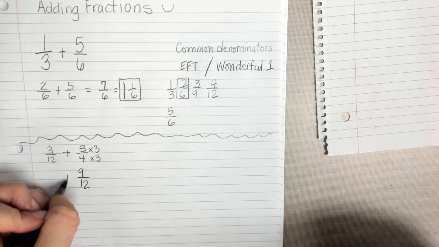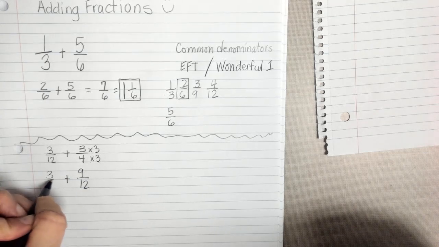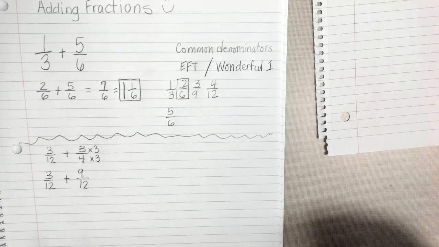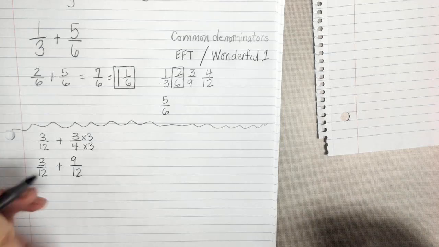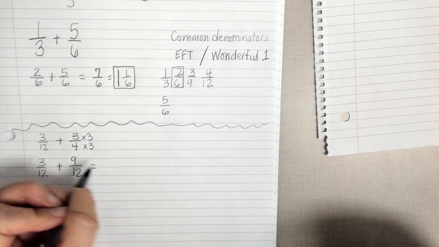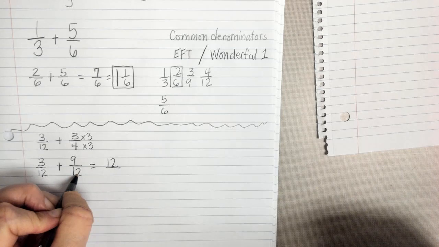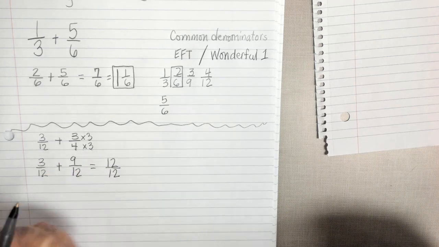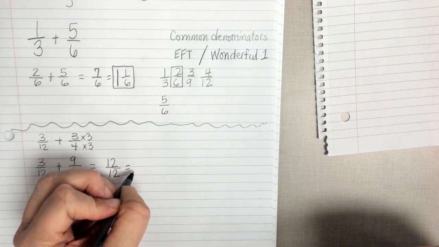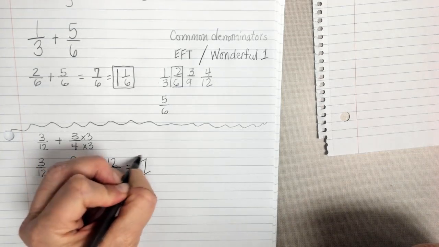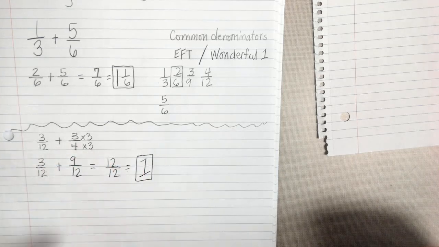And then I'm just going to have 3/12 slide on down. And now I'm going to add the numerator to the numerator. That gives me 12. And the denominator does not change, so that gives me 12. Well, looky there. The same numerator and denominator. What does that equal? That equals our number 1. So that's 1 whole as our answer.